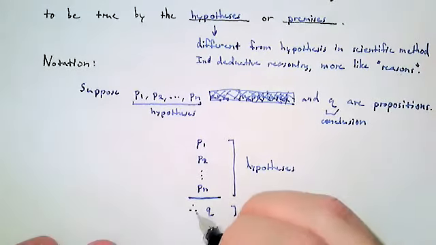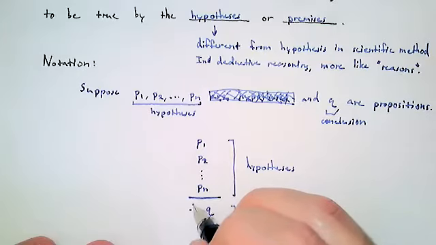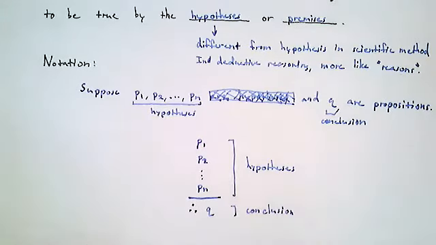And I also need to explain what this little triangle of dots means. This is the symbol in logic for the word therefore.